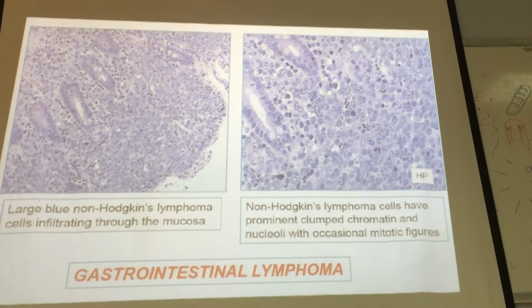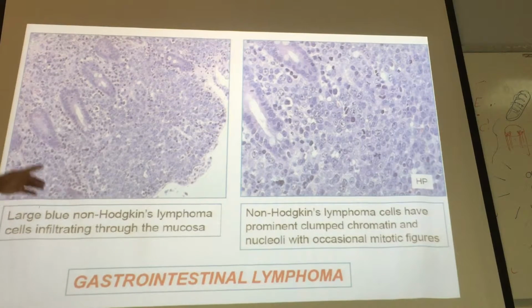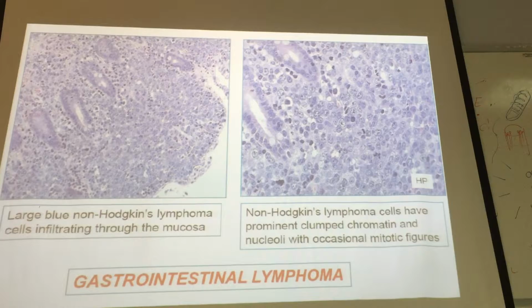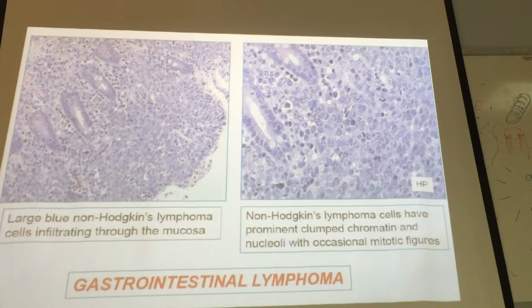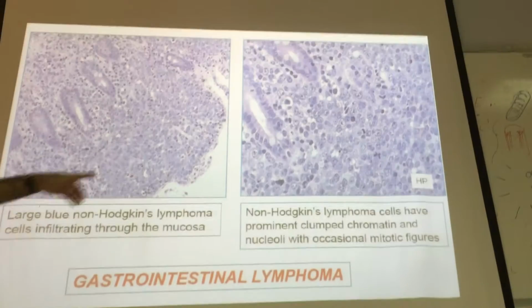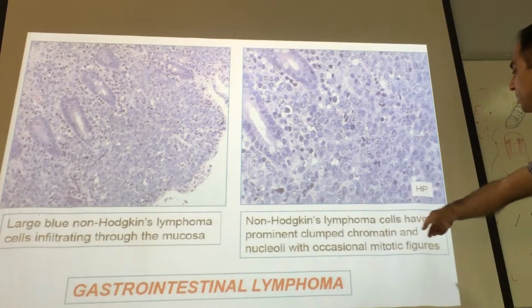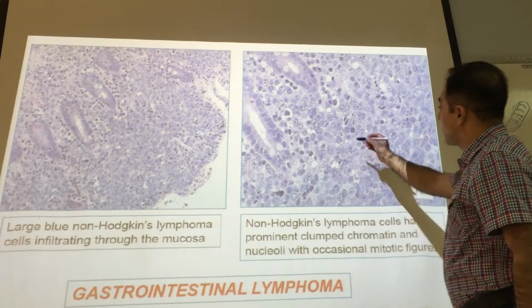So in gastrointestinal lymphoma, what will you find? You will find large blue cells infiltrating through the mucosa. You can find many cells inside. Can you see the blue cells? These are infiltrating. Here also, non-Hodgkin lymphoma having clumped chromatin and nucleoli with occasional mitotic figures.